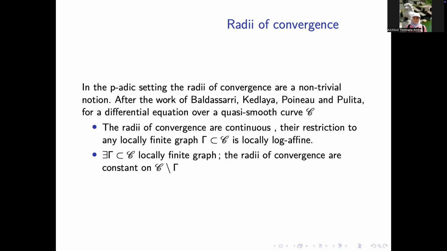However, if I consider the spectral one, it is continuous only on finite graphs: for each point, in each finite graph, it is continuous. But if I consider the whole topology, then I may have a problem. That is the difference between the two.